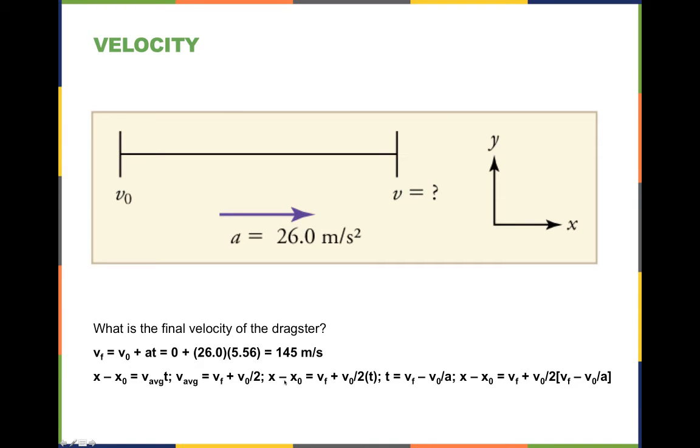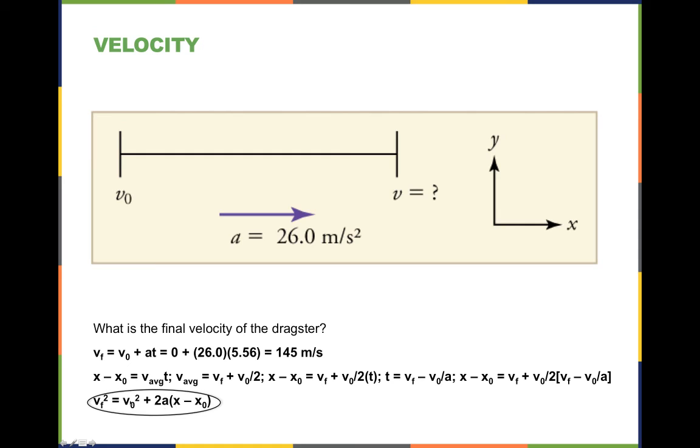We substitute this in, multiply the average velocity times the time, and that gives us the displacement. Doing the math, we end up with this equation. You can work through this math. This is also in your book, by the way. And this is the equation you want to remember.